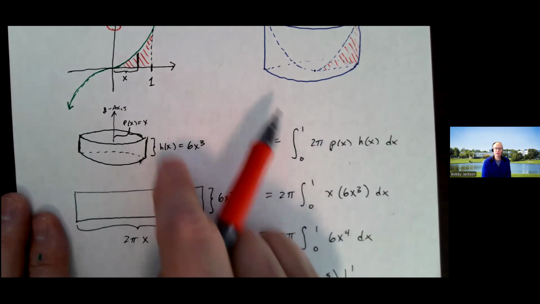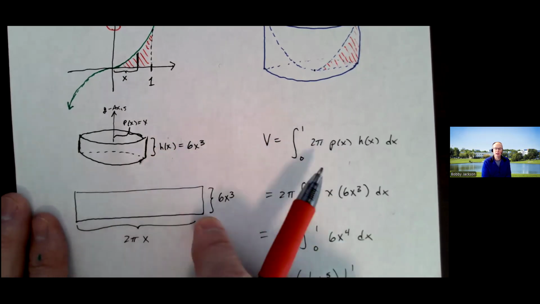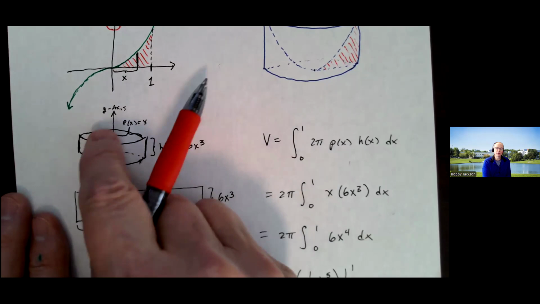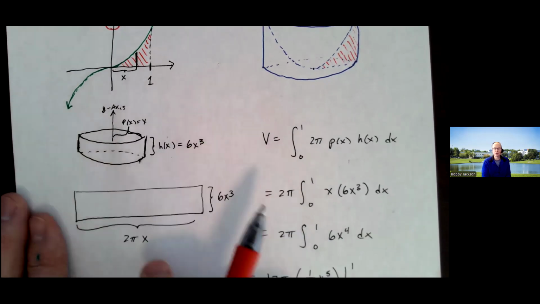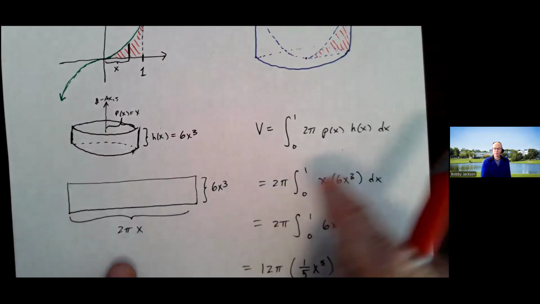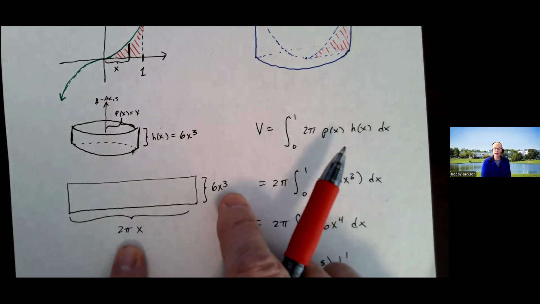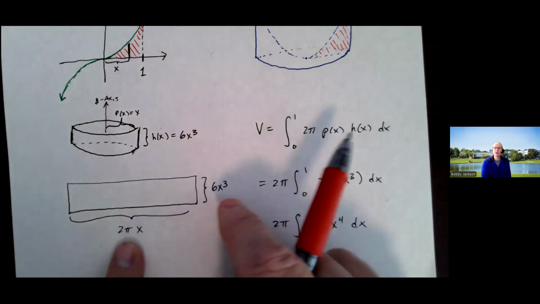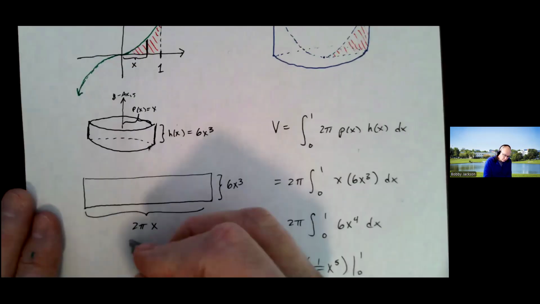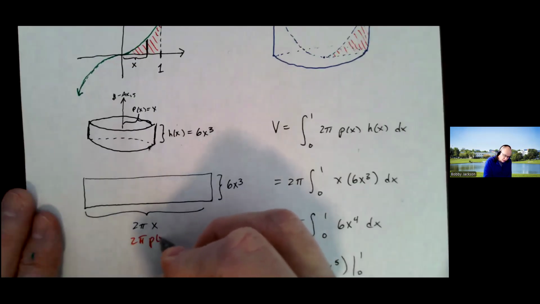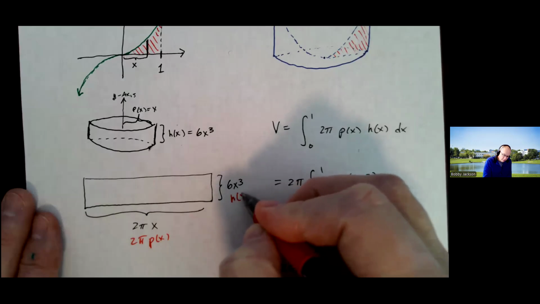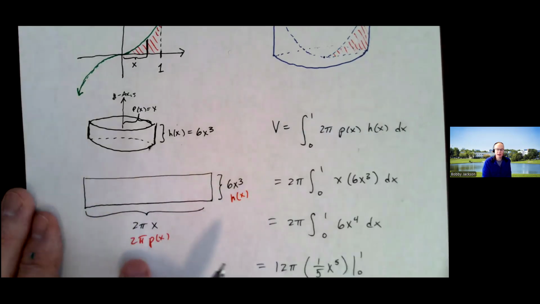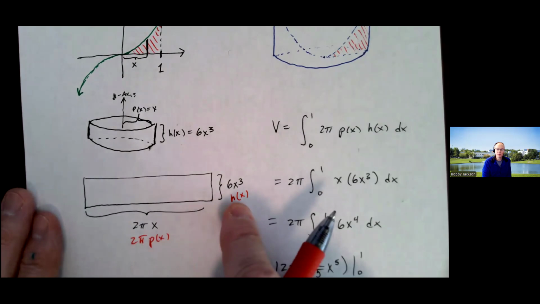The height will still be 6x cubed, and the length will be the circumference around this circle, which is 2 pi times the radius, which is x. So this is 2 pi p of x, and this is h of x. That's why we have that formula to find the area, because this is just a rectangle, right? Length times width, if you will.